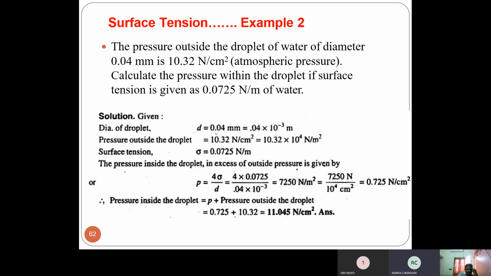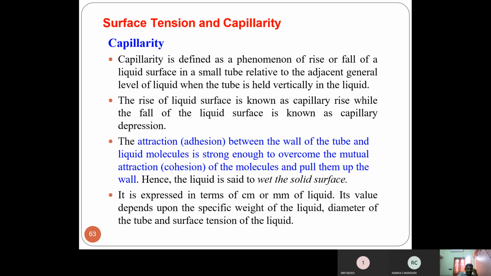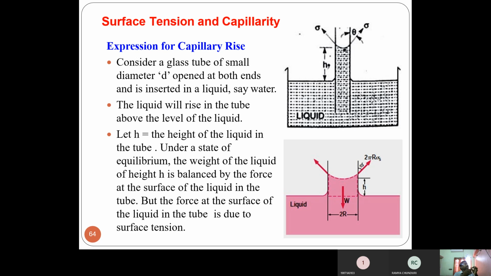What is the total pressure? 0.725 plus 10.32, we will get 11.045 Newton per centimeter square. This is the given data. This is the required data. And go for the next slide. Capillarity.